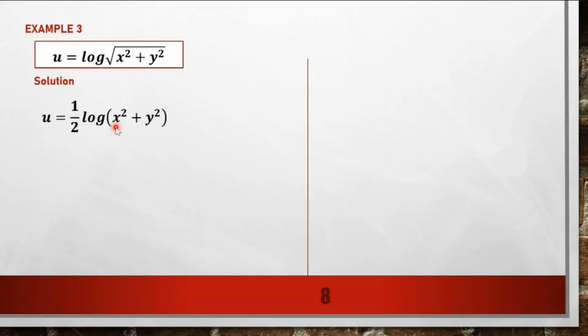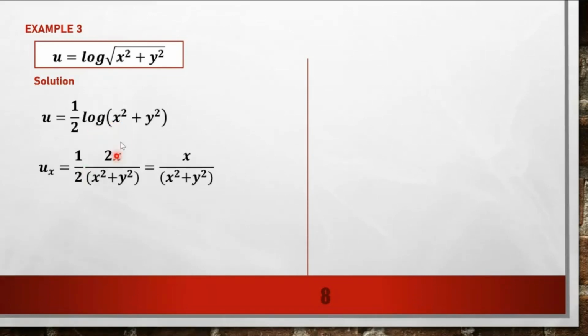Now you can differentiate that. Calculate ux. 1 by 2 is the constant. Log का डेरिवेटिव 1 अपॉन और x स्क्वायर प्लस y स्क्वायर का डेरिवेटिव विथ रिस्पेक्ट टू x लिखना है पहले. ux is equal to, पहले मैंने हाफ को वैसे ही लिखा है.